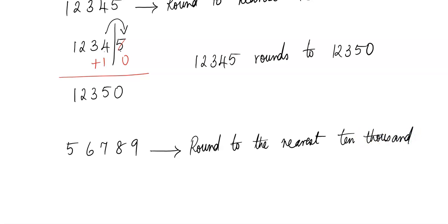So that's your ones, this is your tens, this is your hundreds, this is your thousands, and this is your 10,000. So round to the nearest 10,000 means I'm looking at this 5.